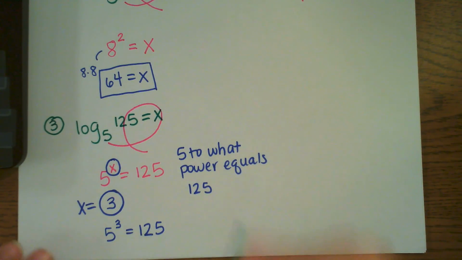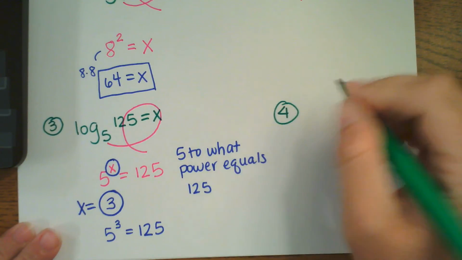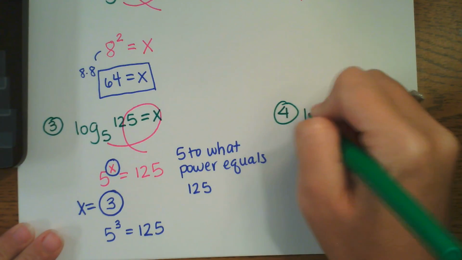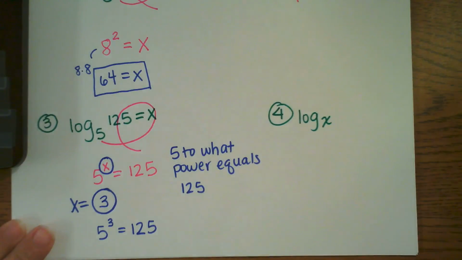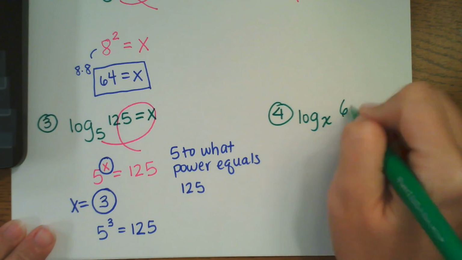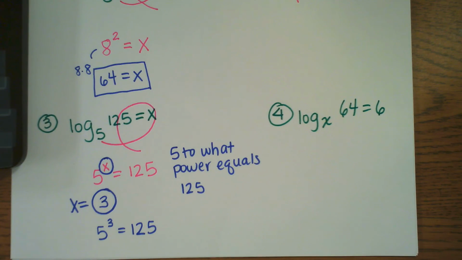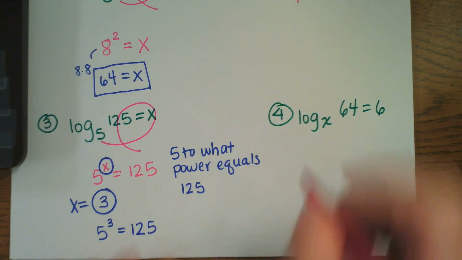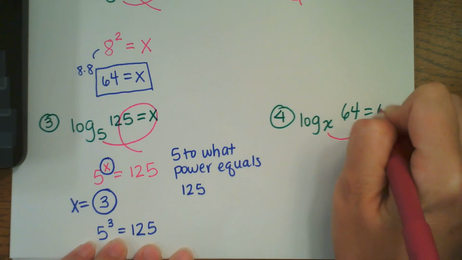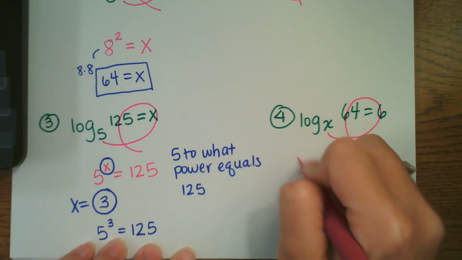Okay, so I've got one more for you. Log base x of 64 equals 6. So I rewrite x to the 6th equals 64.